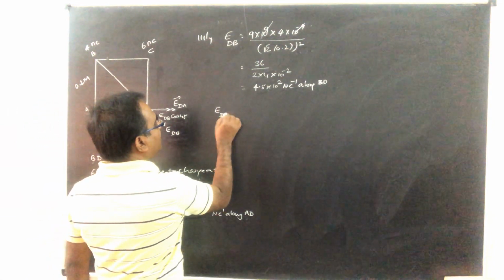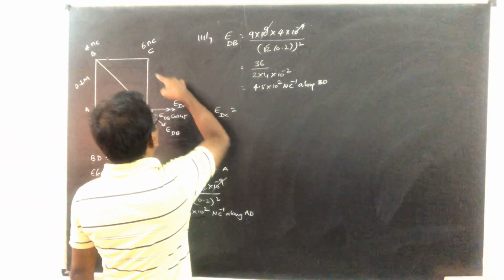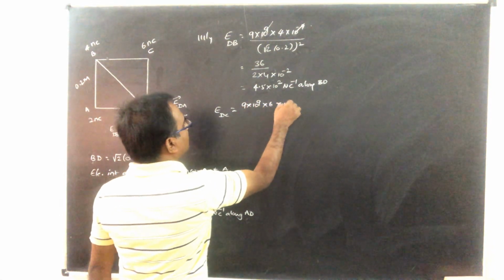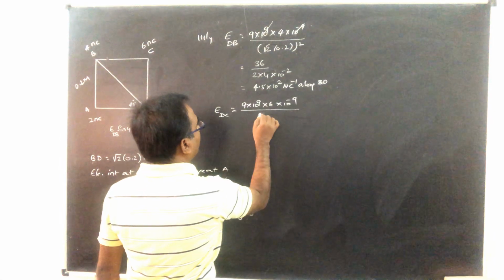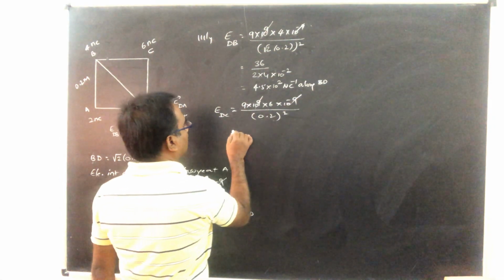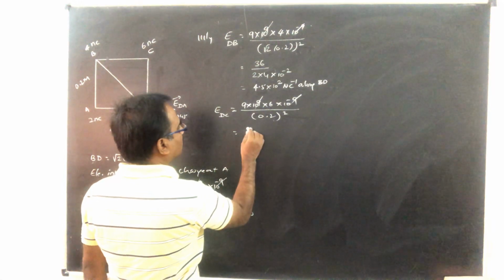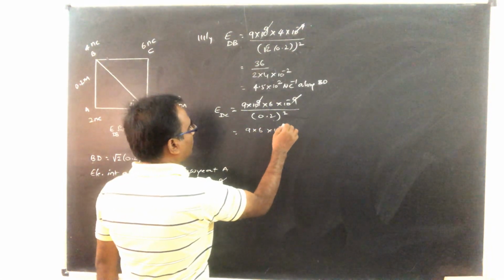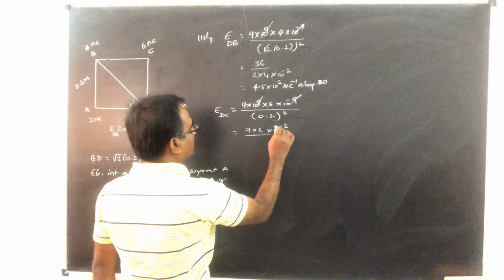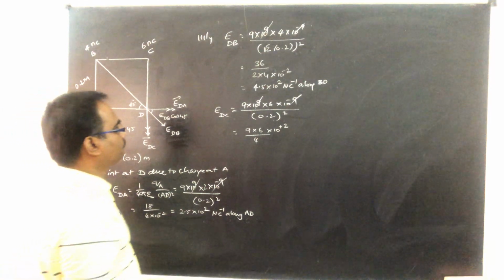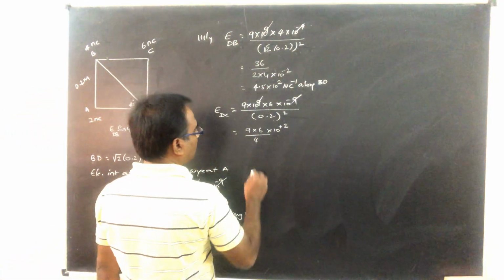Next you find EDC, this one. 9 into 10 to the power of 9, 6 into 10 to the power of minus 9, divided by 0.2 whole square. So this is 9 into 6 into 10 to the power of minus 9 times 10 to the power of plus 2 divided by 4.